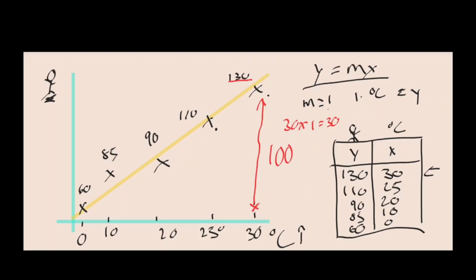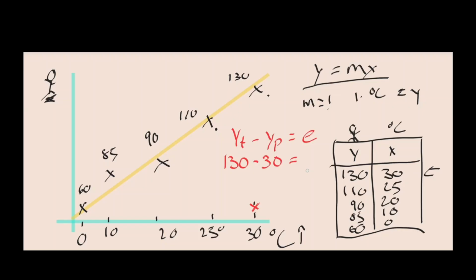So in mathematical terms, what I could say is that I take the true y, y true, minus my fake predicted y, and this will give me my error. So in this specific case, I know that the true value when the temperature is 30 is 130. What I predicted with my m equals 1 is 30. So here I see that my error is 100 points.